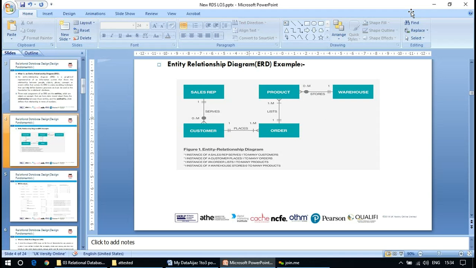This looks like a relation, and then you create the tables according to them, and then you define the keys on them, and you are done with the design. This is a mandatory picture.